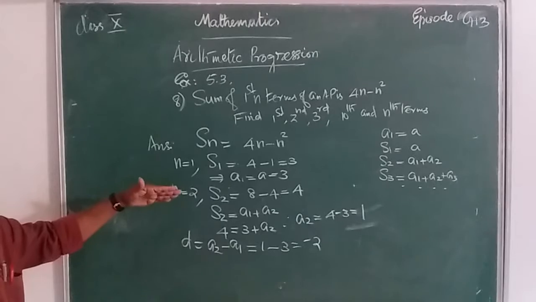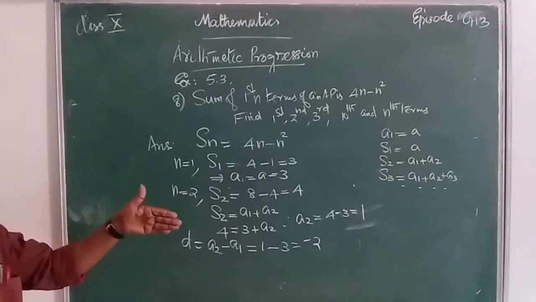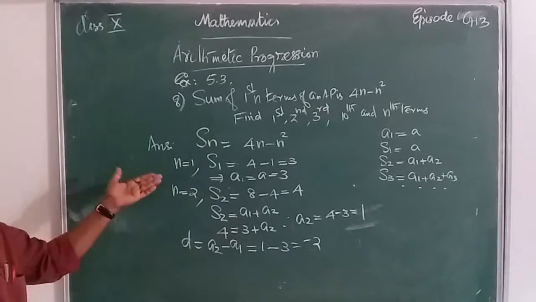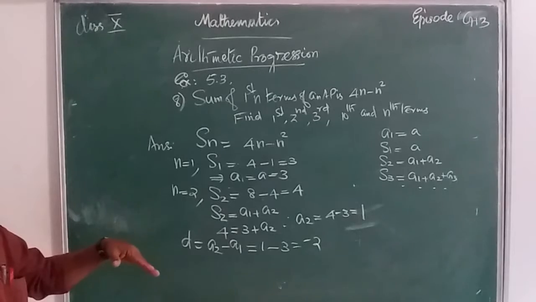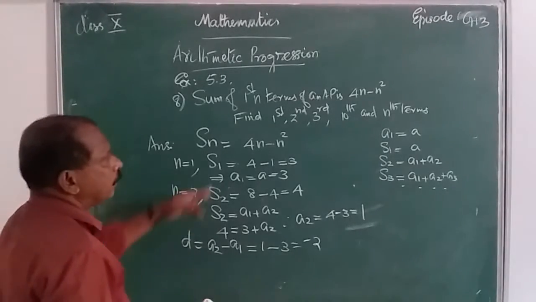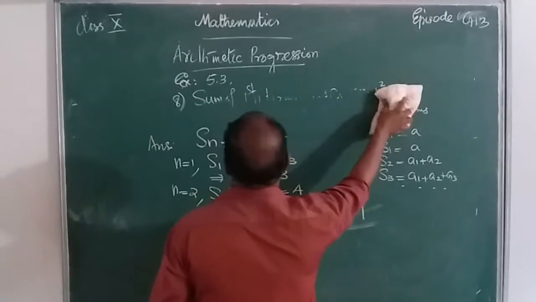S2 is A1 plus A2. Therefore, A2 is equal to S2 minus A1. We get it. A1 and A2 are given, d is equal to A2 minus A1. That is nice. Then we find the first, second, third, and tenth terms.